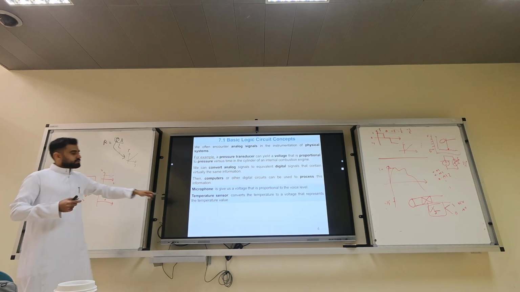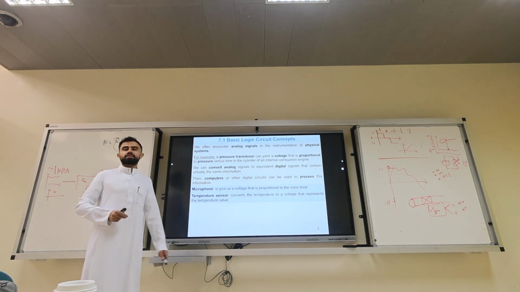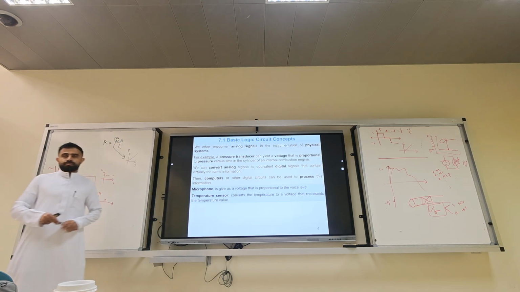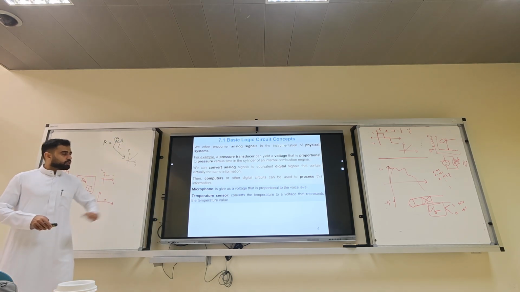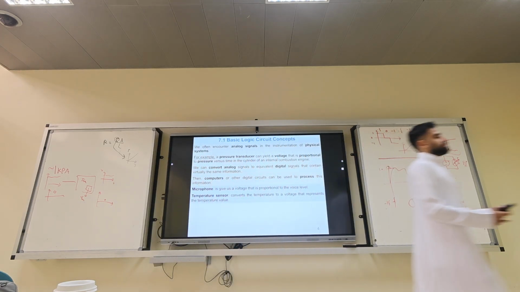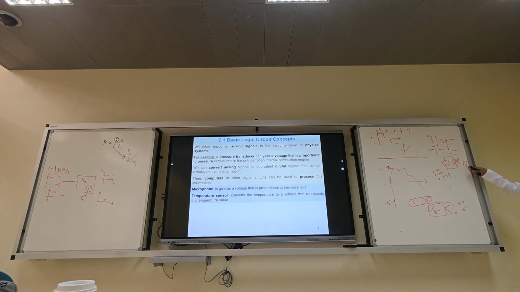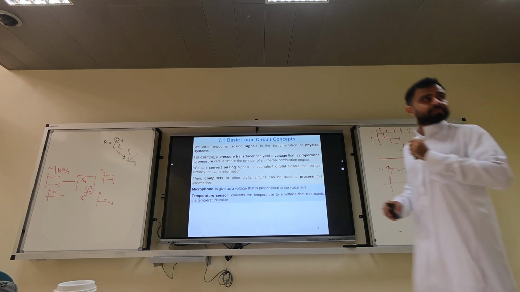The temperature changes the resistance value without physically changing the resistance. Okay? Converts temperature to a voltage. Here we have, for sure, a variable resistor inside, a thermostat. If the value of the resistance changes, the current will change. Okay?